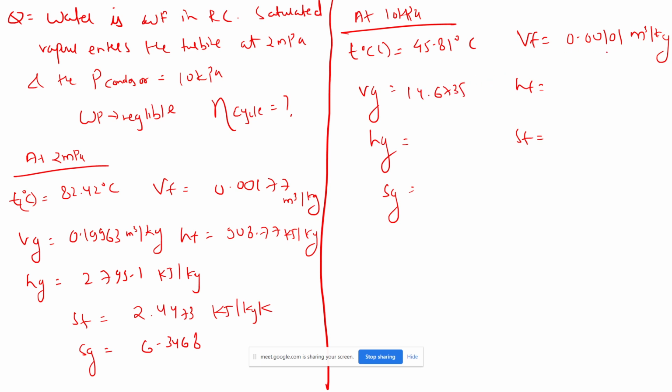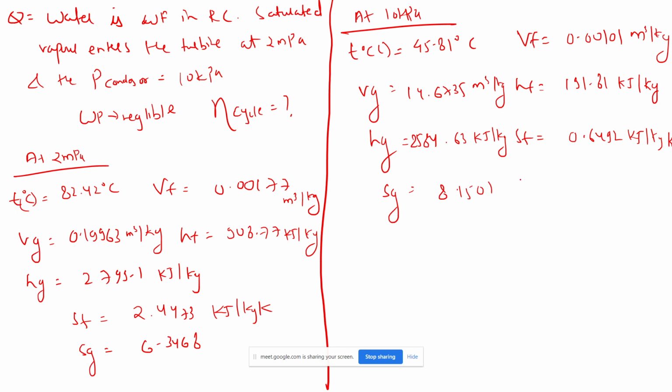Can anyone tell how the cycle will look?